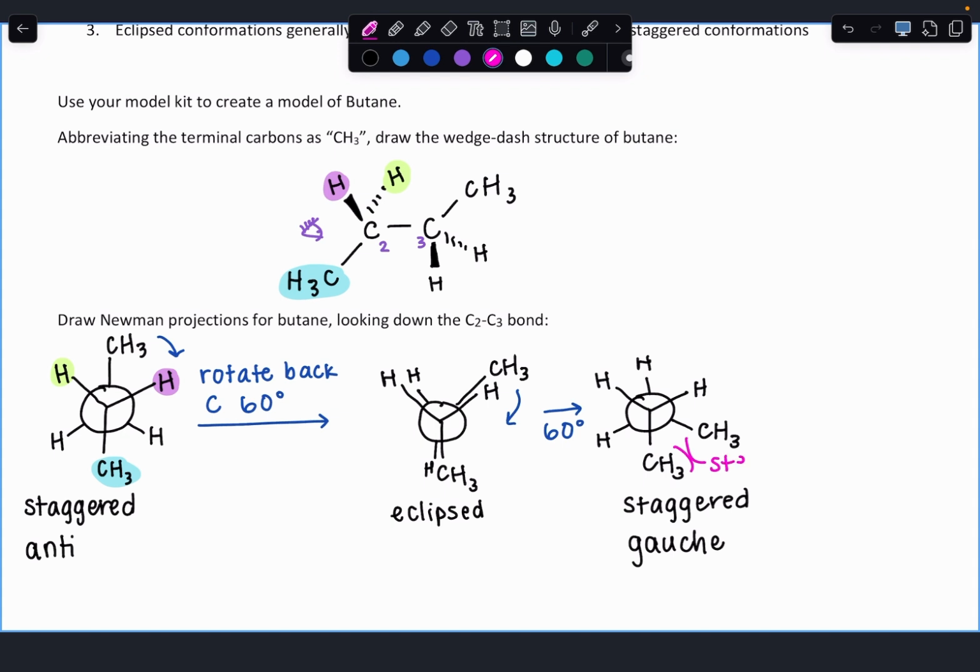So I'm just going to write steric strain here. Makes this higher energy than eclipsed.